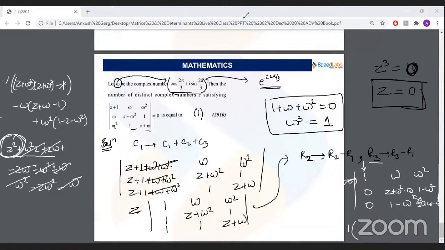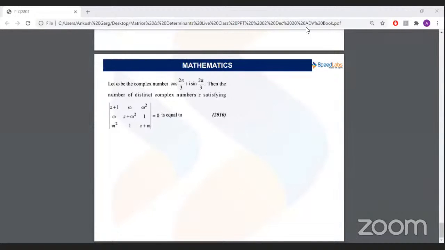Any doubts in this? Sir, I had a question. For instance, in this question, if Z cube comes 1, then our answer is going to be 3, as 2 are cube roots of unity and 1 is 1.